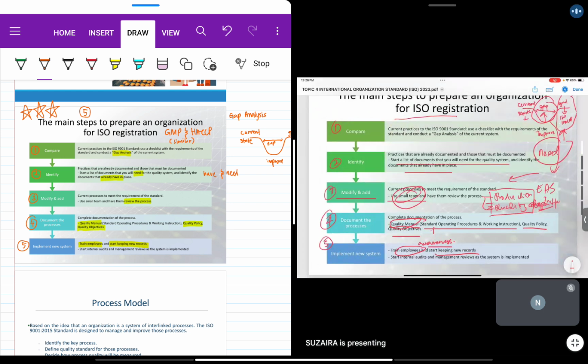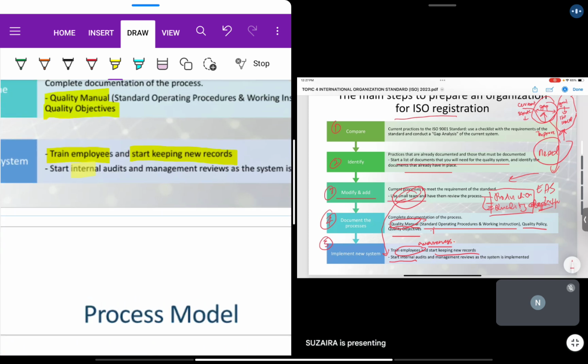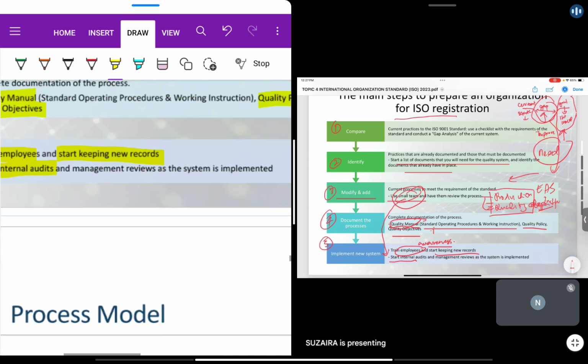Then afterward, these small team members can start with the internal audits. Internal audit happens during the committee, before you call upon the external auditor.